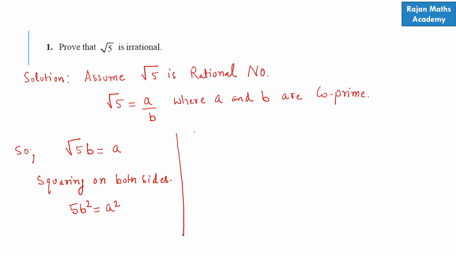So b square is equal to a square by 5, this is equation number 1. It means, as b is an integer, 5 divides a square.